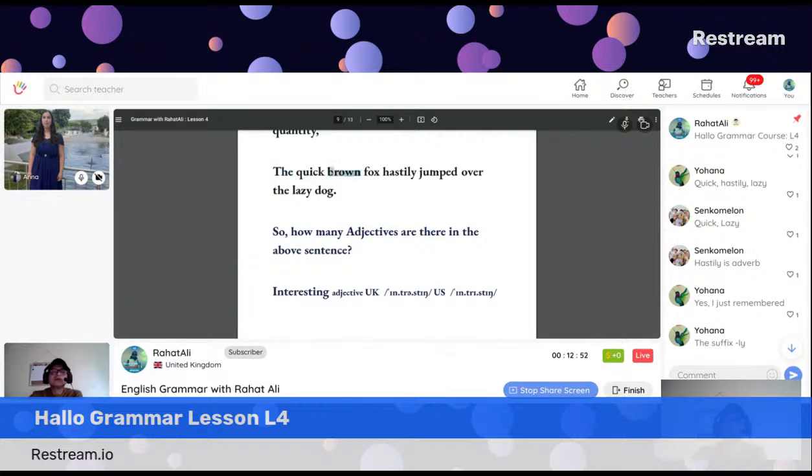And brown fox, brown is an adjective. Brown can be an adjective here as well. Yes, brown can be a noun and an adjective both. And fox is obviously a noun. It's a name. Yeah, clear.